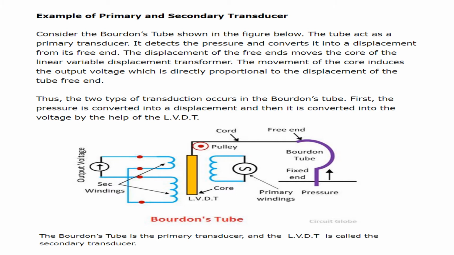First, the pressure is converted into a displacement, and then it is converted into the voltage by the help of the LVDT. So this is a good example of showing primary and secondary transducer. The Bourdon tube is the primary transducer, and the LVDT is called the secondary transducer.